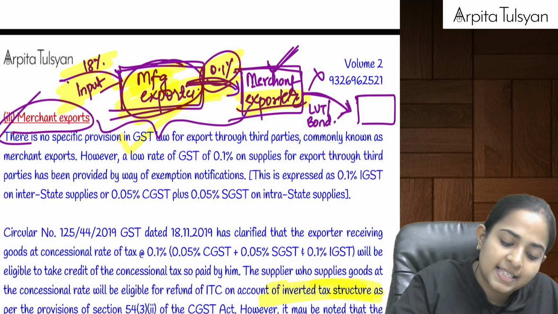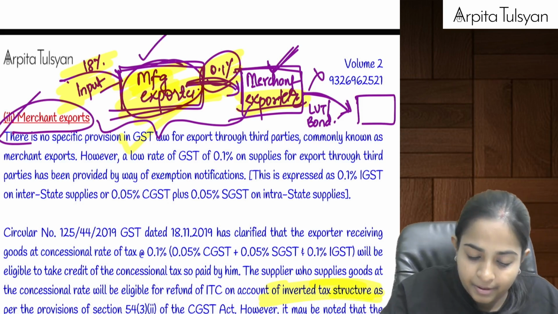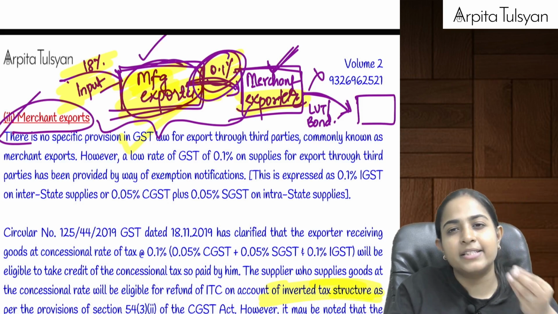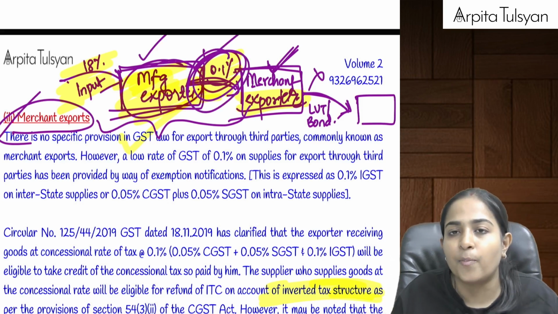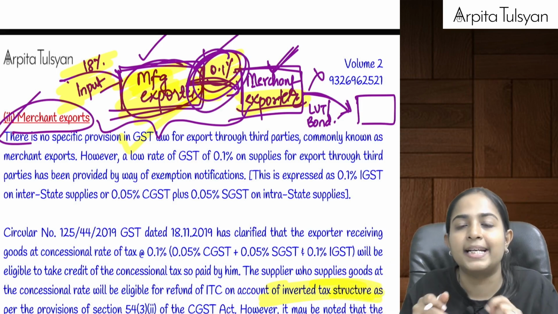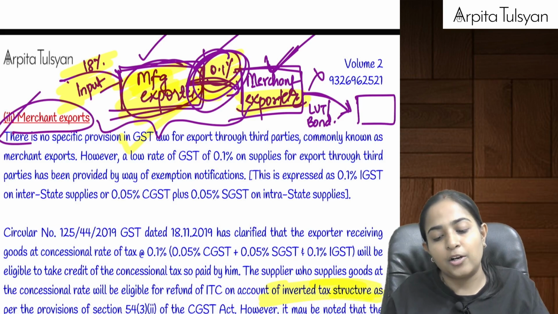So can we say this has become totally tax free for the merchant exporter? On outward, it is almost tax free. It is just required to pay a tax of 0.1%, which it also collects from the merchant exporter, and the merchant exporter can take the input tax credit of the same.